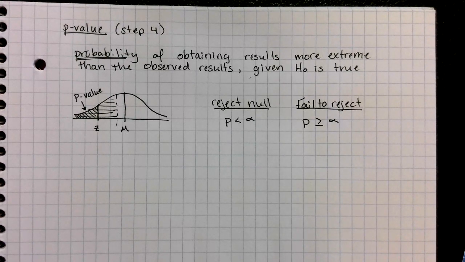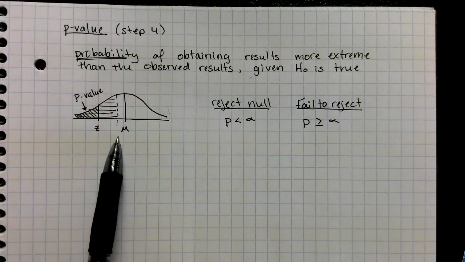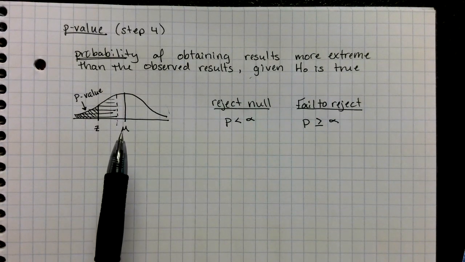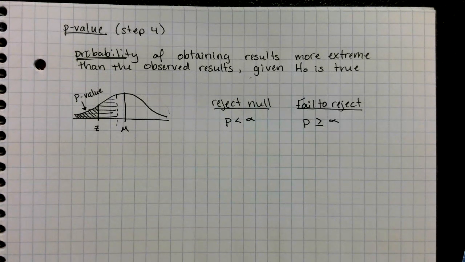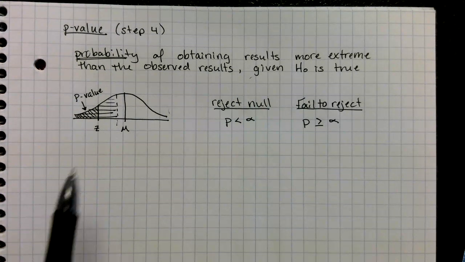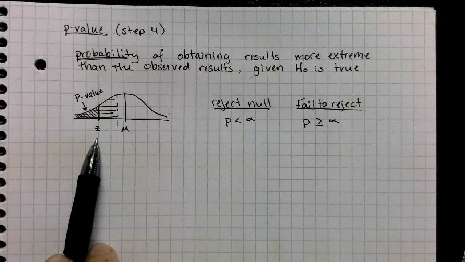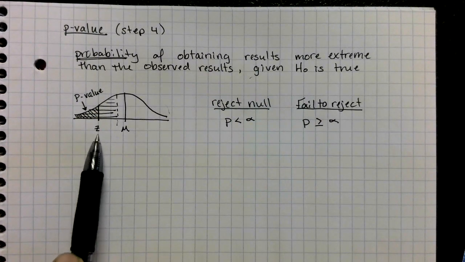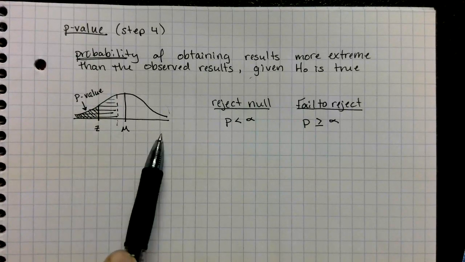So what I want to show you now are some formulas and how we come up with a p-value. Your p-value is essentially an area, right? And so if you think about this picture, and the notes I just did before with the critical values and test statistics, we were trying to find a value along the bottom.